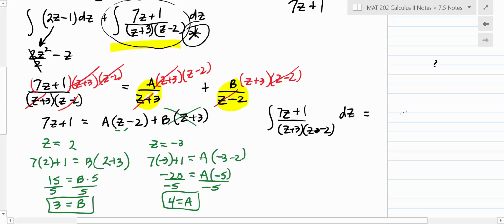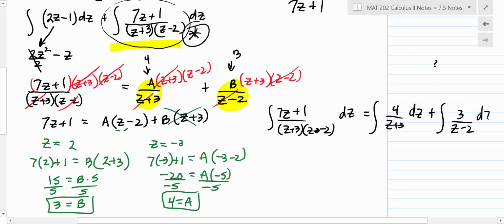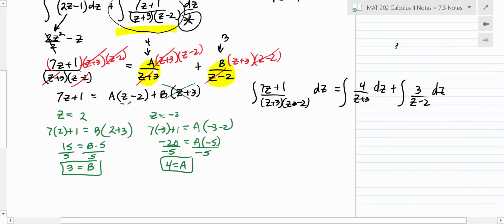So you would have a is 4, b was 3. So we're going to have basically the integral of, this got broken up into 4 over z plus 3 dz plus the integral of 3 over z minus 2 dz, like that. I'm kind of whipping through that because I've done that a ton. So now I'm ready to put the whole thing together.